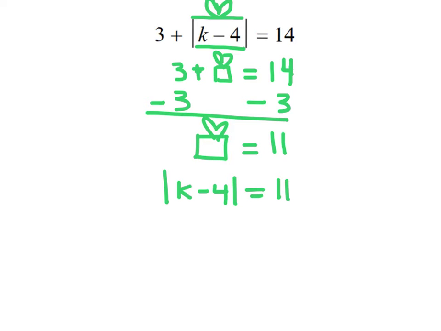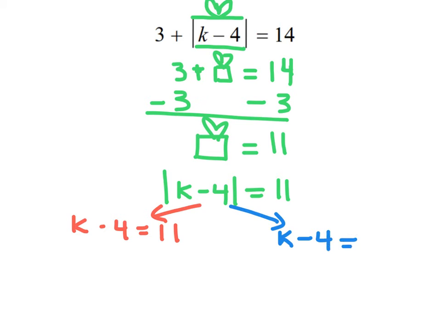Now this allows us to write our two equations. So our first equation would be k minus 4 equals 11. And our other equation is the piece inside. So k minus 4 equals negative 11.